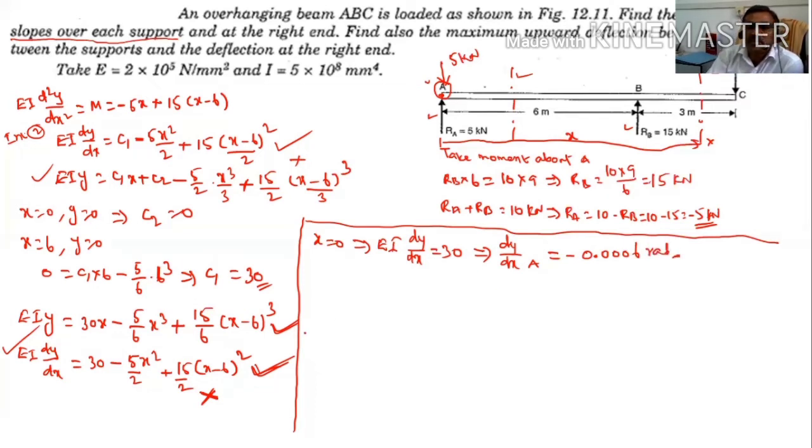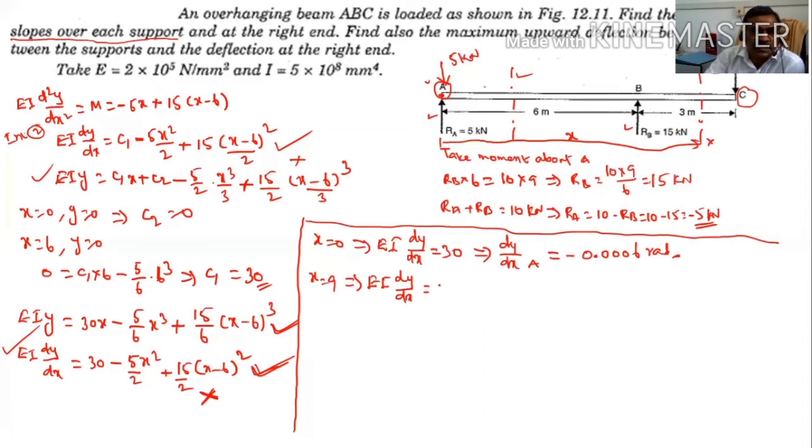Similarly, if you want to find slope at point C, then you have to put x is equal to 6 plus 3, 9. If you put x is equal to 9, then EI into dy by dx is equal to, here you have to take the entire equation. The axis is here, so you have to take the entire equation.